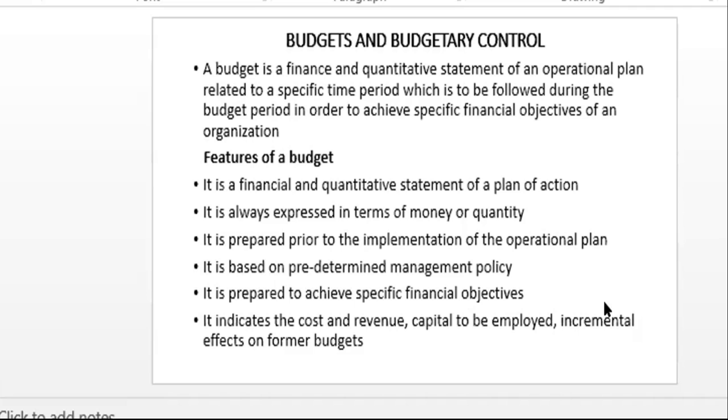So the budget comes first, then the operational plan comes next after the budget has been prepared. In most cases, there are levels of approval in any organization that a budget has to go through before it is fully approved and ready for implementation. These levels are critical, and they ensure that whatever budgets are being prepared are realistic and achievable.